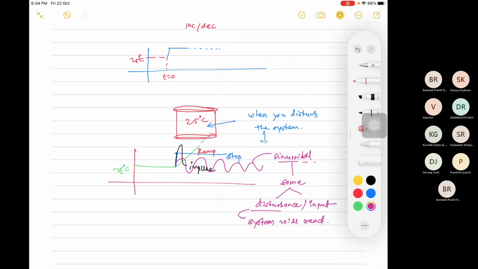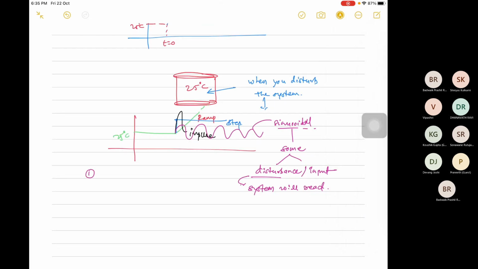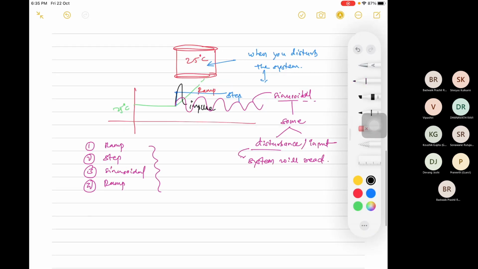In real life input is random, it may increase, it may decrease, anything can happen, but while studying process dynamics and control, we consider an input which will be a ramp, a step, sinusoidal, or impulse. In order to simplify the understanding, we are assuming there will be some input of this kind.